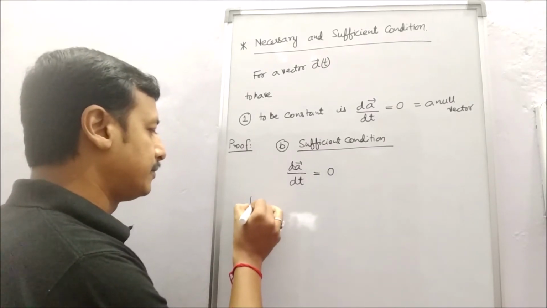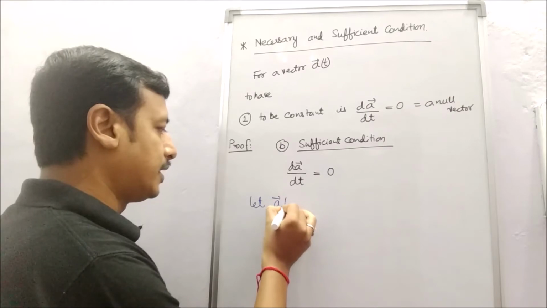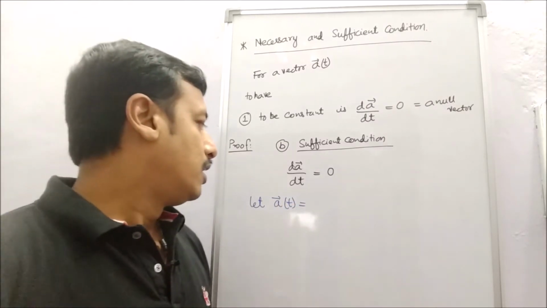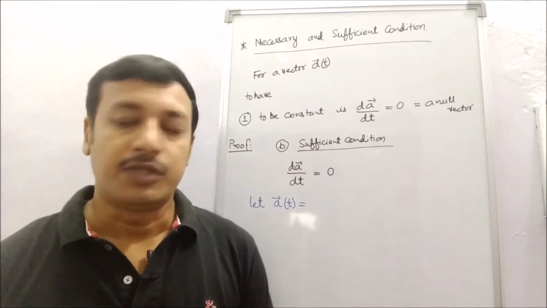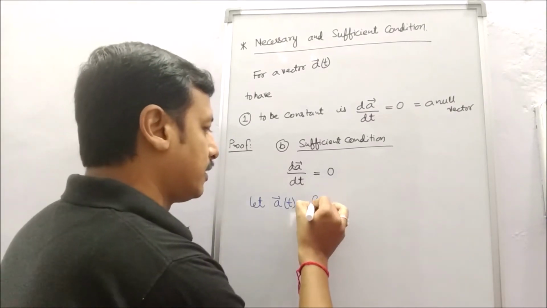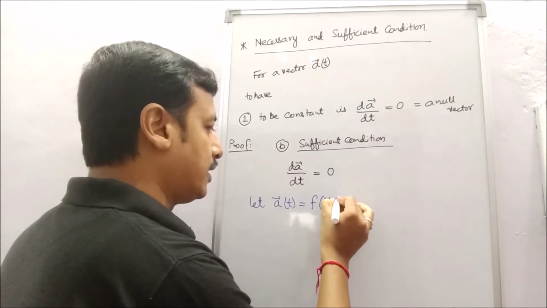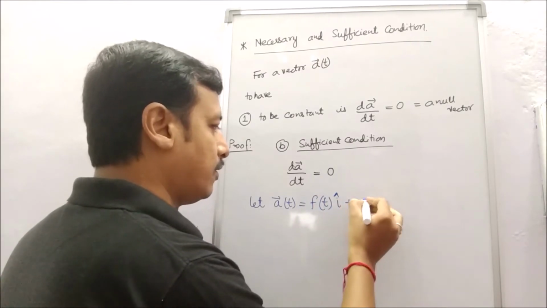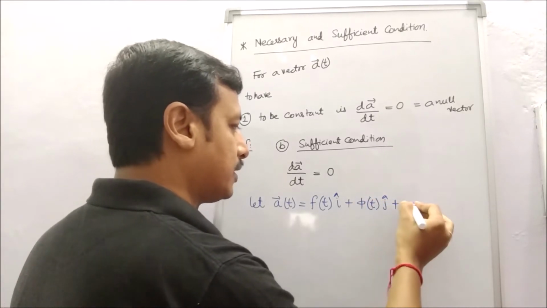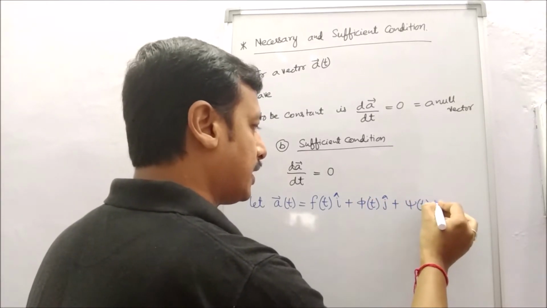So let vector A(t) be a function, in terms of unit vectors, f(t) i cap plus phi(t) j cap plus psi(t) k cap.